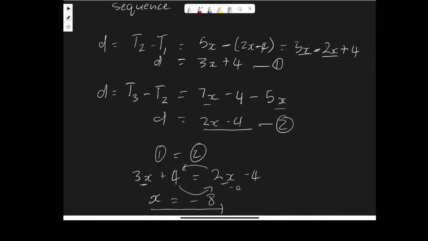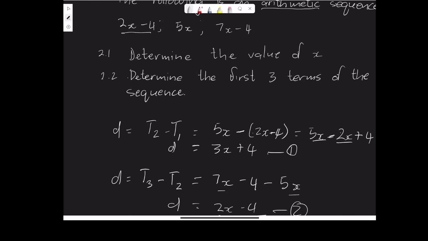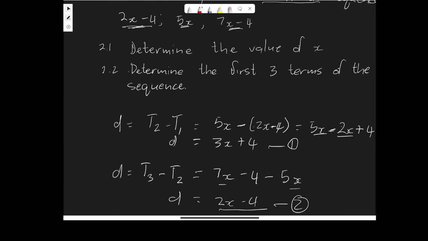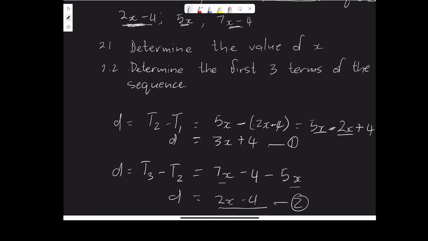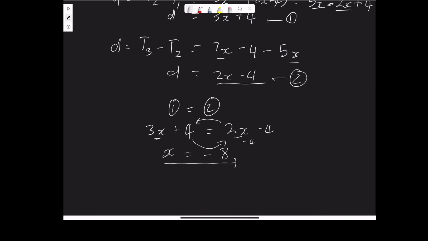So very simple here. What we're going to do is just substitute for x in the respective expressions that they have for each term, right? So we're going to say, all right, substitute for x there in the first expression. Okay, so in the first expression, remember we had 2x minus 4, so we're going to substitute for x in the expressions. I just want you to know what I'm doing.